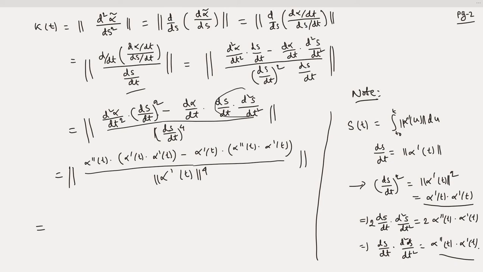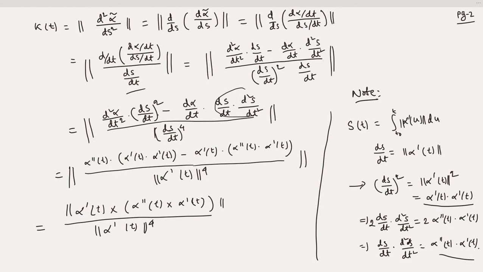Now the denominator is a positive real number, so this is equal to the norm of alpha prime of t cross product with alpha double prime of t cross product with alpha prime of t, over the norm of alpha prime of t to the whole power 4.